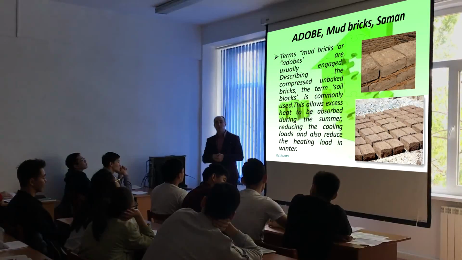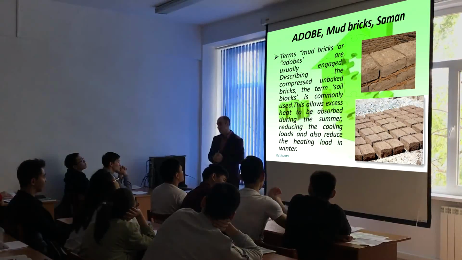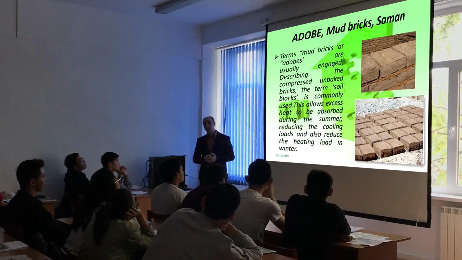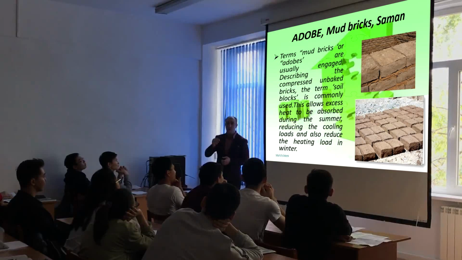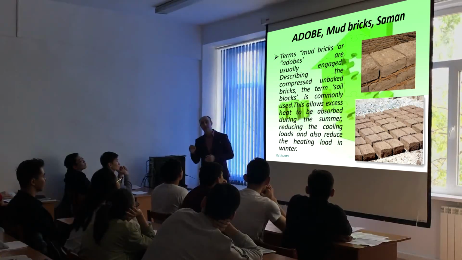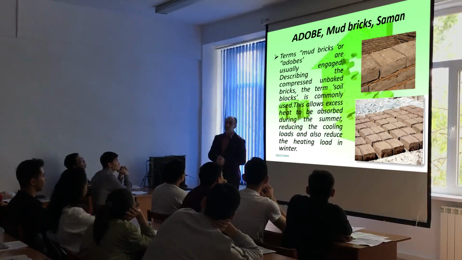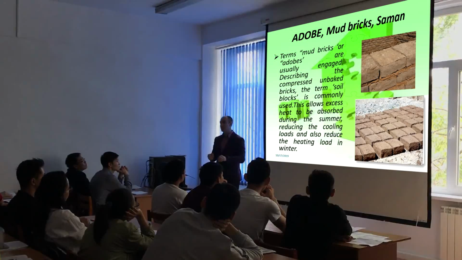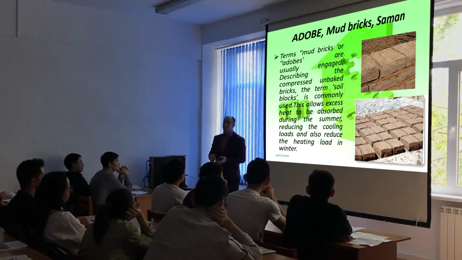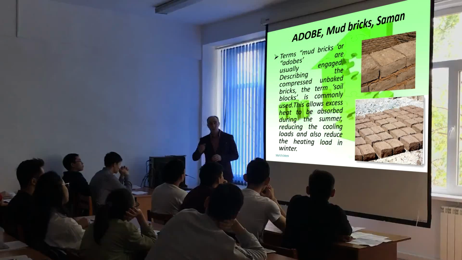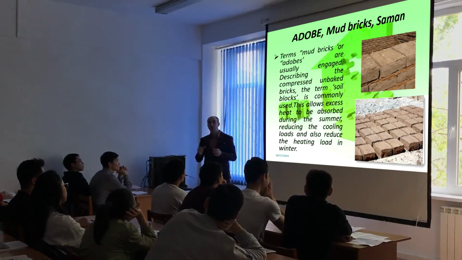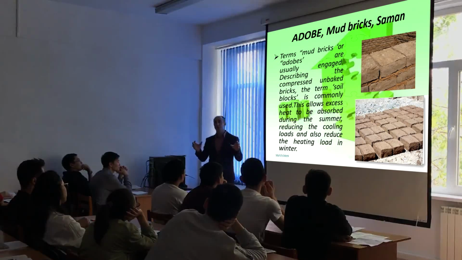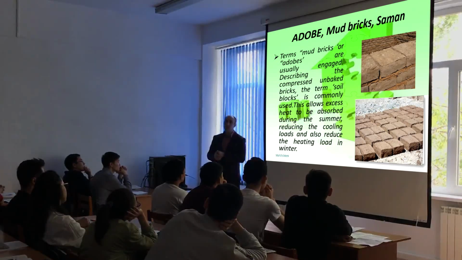Next natural material, adobe, mud bricks or samana. This terminology was popular many years ago, and still nowadays it can be used for our buildings. But nowadays it is not so popular. Many years ago, samana walls, samana housing was very popular for the countryside, for the villages and so on.